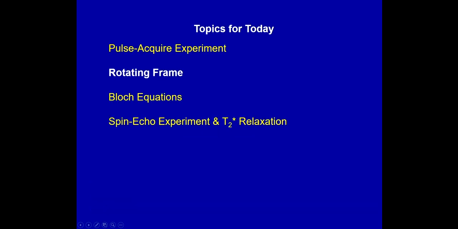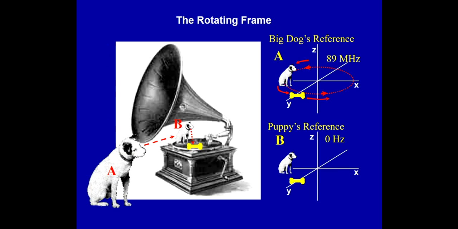The next topic is the rotating frame. And this is a matter of perspective. It greatly helps with the ease of understanding how NMR experiments will work. So we have a big dog, and he's watching a puppy who's watching a bone.